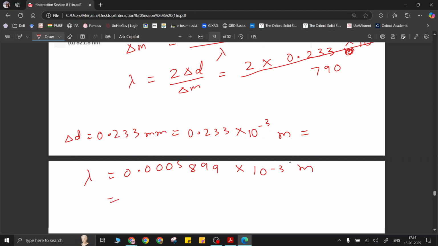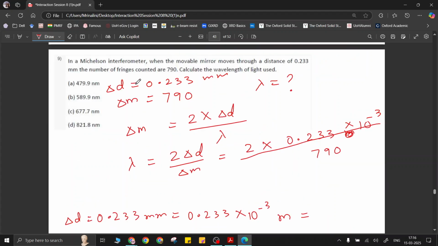In nanometer it will be, when I'll convert meter to nanometer, it will be 10 to the power minus 9 nanometer. That means meter to nanometer plus 9 minus 3 is plus 6, means 589.9 nanometer. So our answer matches option B, 589.9 nanometer.